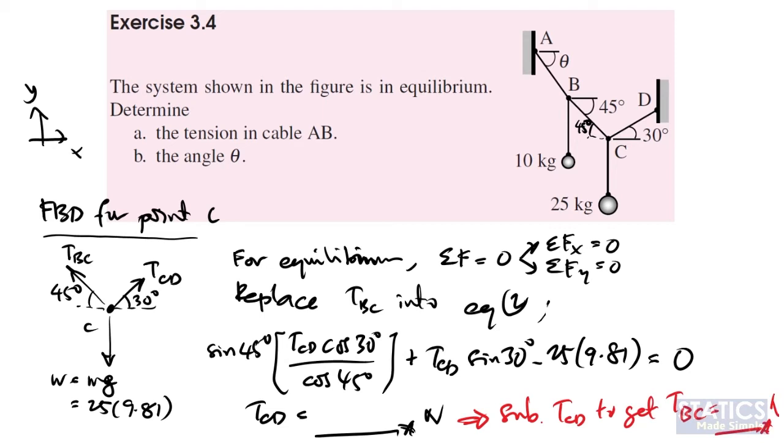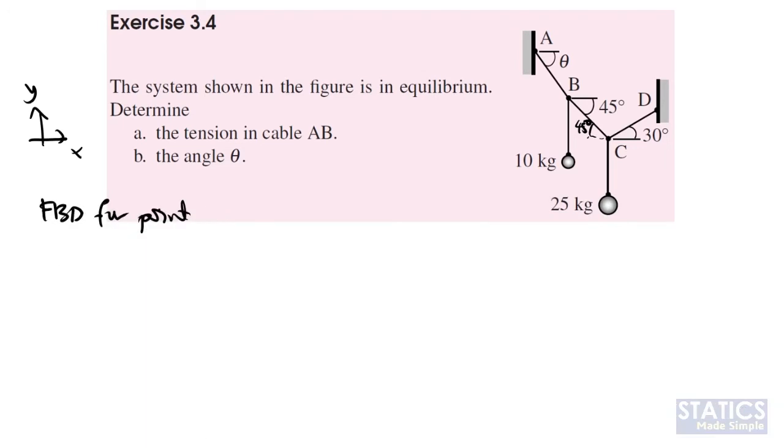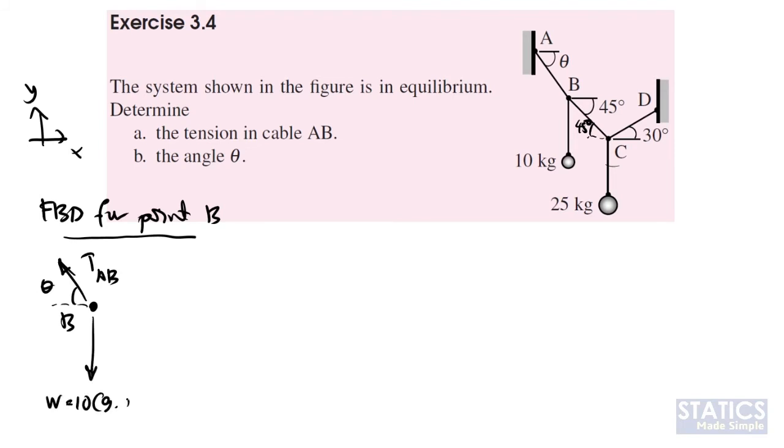Once we know TBC and TCD, we can move to the next free body diagram, point B. Why do we move to point B? Because the question asks for the force within cable AB. At point B, we'll have TAB at an angle of theta, the weight of 10 times 9.81 pointing downward, and TBC at an angle of 45 degrees.